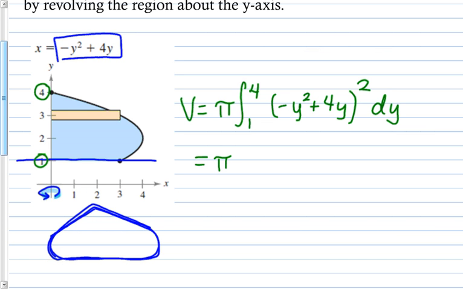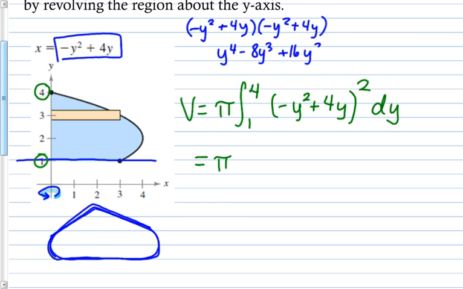Okay, now you see the negative y squared plus 4y squared, that quantity squared? We're actually going to have to figure out what that is. So negative y squared plus 4y times negative y squared plus 4y. We're going to FOIL that, and we're going to end up with y to the fourth minus 8y cubed plus 16y squared. Okay, so that is what's actually going to be integrated.